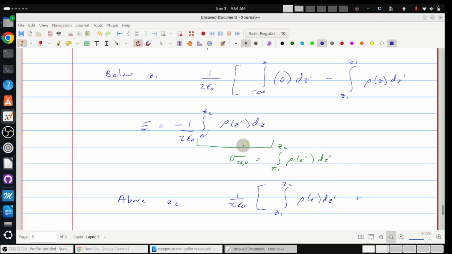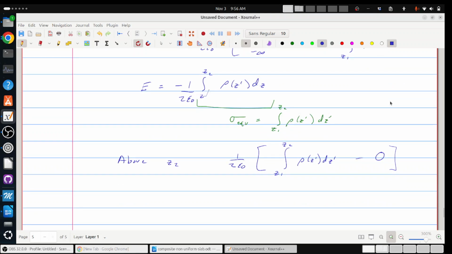And the minus for the stuff above it is there's nothing above it. And so it's going to become plus 1 over 2 epsilon naught.